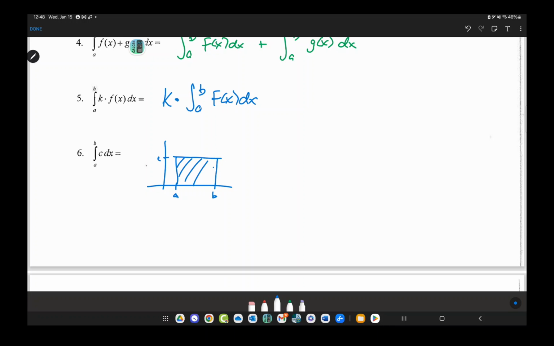A rectangle. How do you find the area of a rectangle? Width times height. My width is the difference, so that would just be C times B minus A. Height and base, whatever you want to call it.